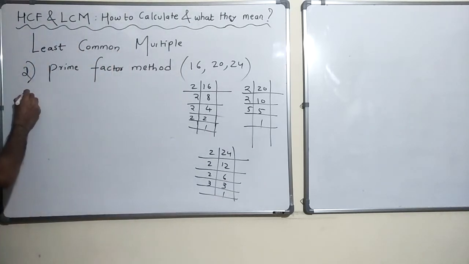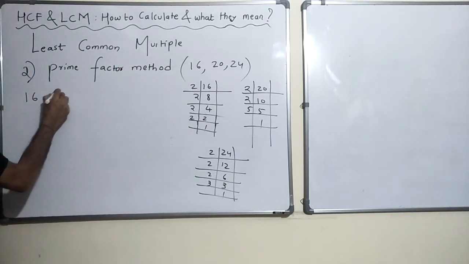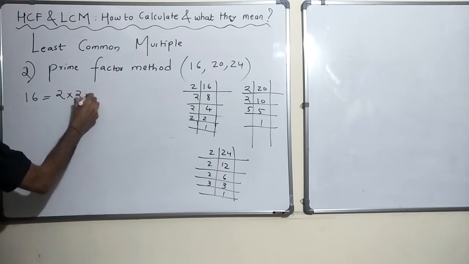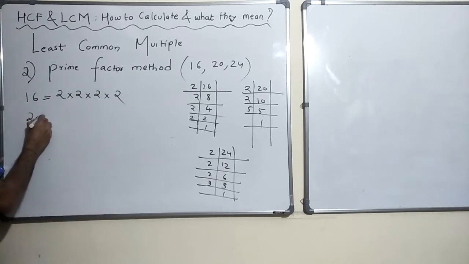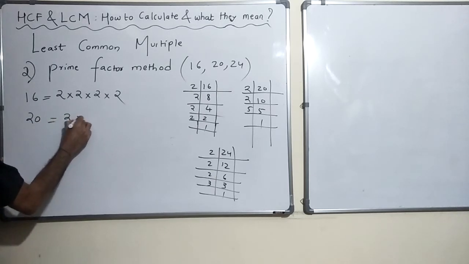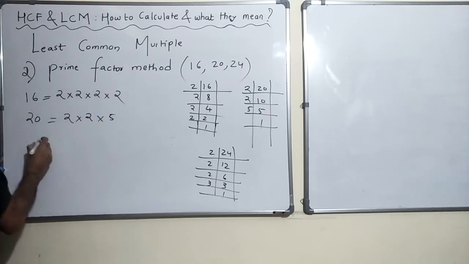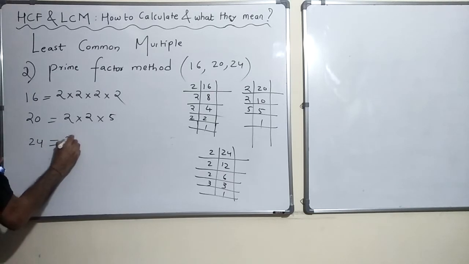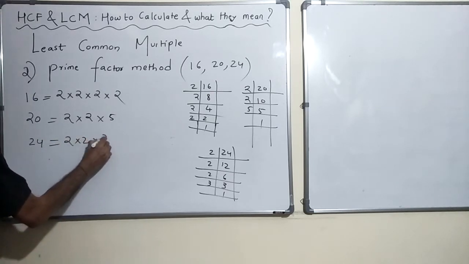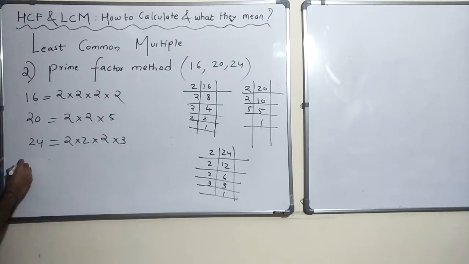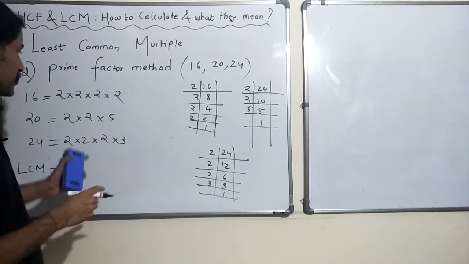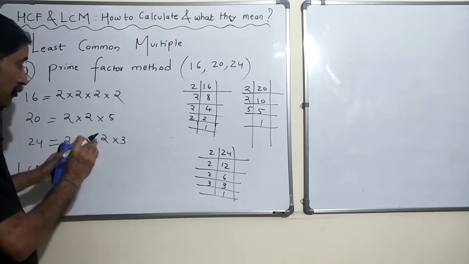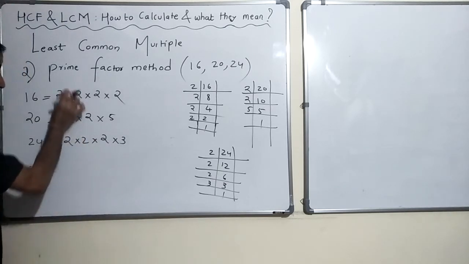Now 16 is nothing but 2 into 2 into 2 into 2. 20 is nothing but 2 into 2 into 5. And 24 is 2 into 2 into 2 into 3. Now in order to find the LCM, remember in the case of HCF we found those prime factors which are common to all.